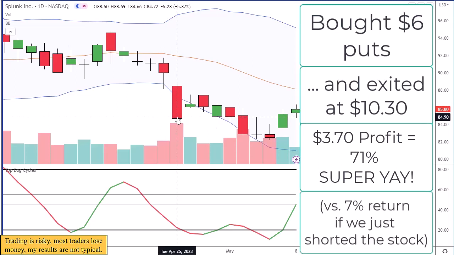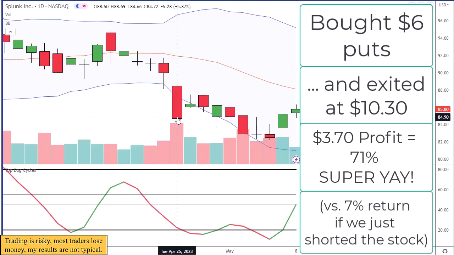Yes, 10x your winners. Now, for full disclosure and transparency, and this is very important, there are a lot of nuances to options. Do not just go out there in the name of all that is holy. Please do not go out there and just start buying calls and buying puts instead of buying or shorting stocks.